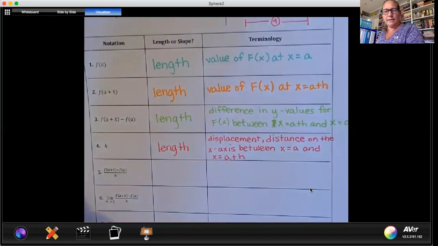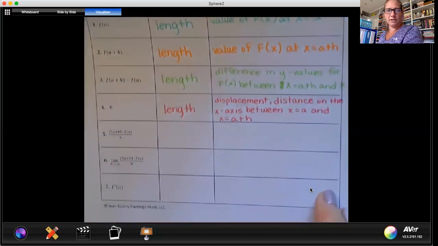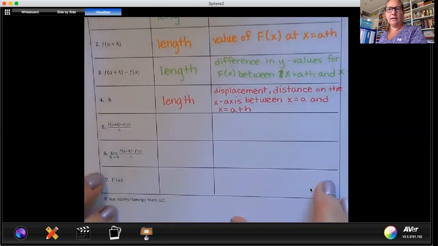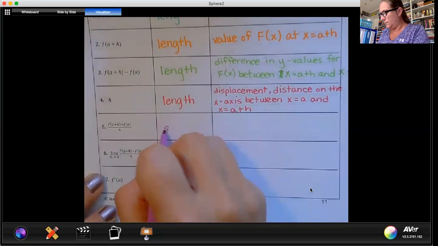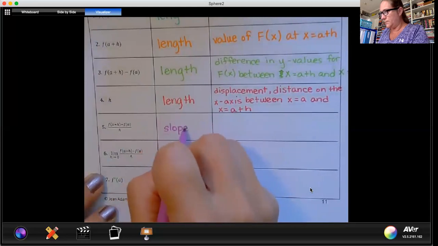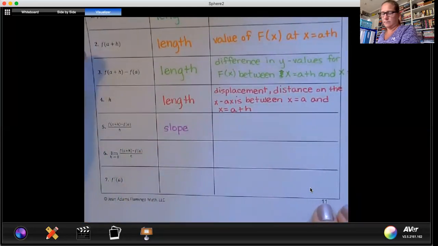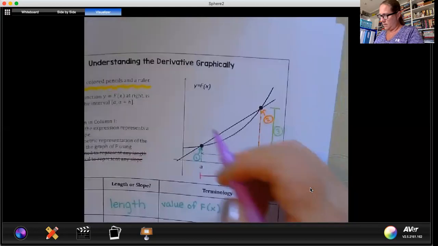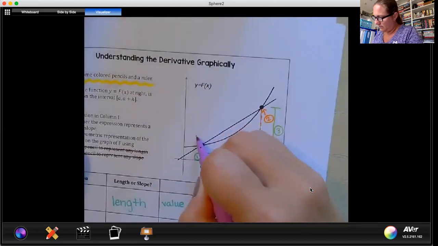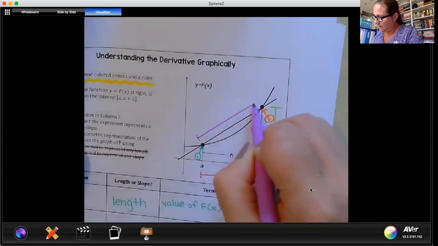And now we're starting to get into more of what we have been working on today. f of a plus h minus f of a over h, we know is a derivative, and a derivative is a slope. So that is going to be our slope here on our line that is graphed for us.